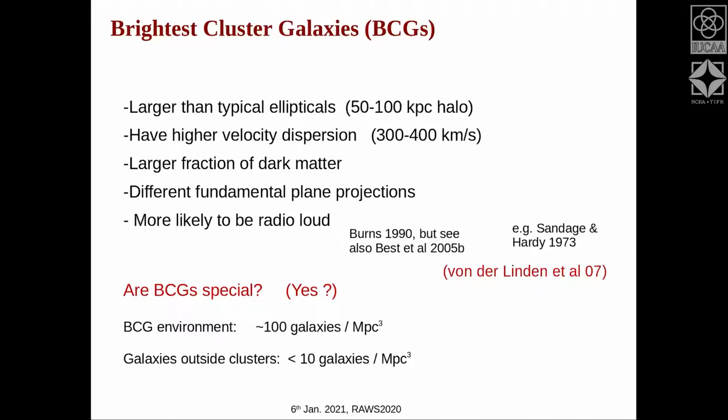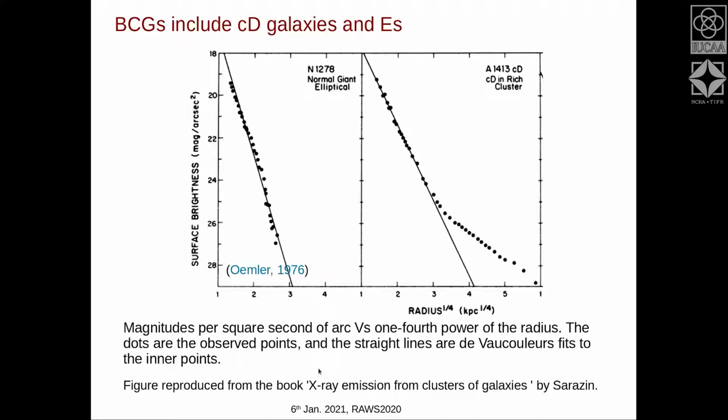So it seems that the BCGs are very special galaxies, and their environments are making them special. These environments are of the order of 100 galaxies per megaparsec cubed, as compared to less than 10 galaxies per megaparsec cubed for galaxies residing outside clusters. This is another property showing the extent of brightest cluster galaxies. They are also called cD galaxies. Here is the surface brightness in magnitudes per arcsecond squared, against the radius from the center of the galaxy to the outskirts.